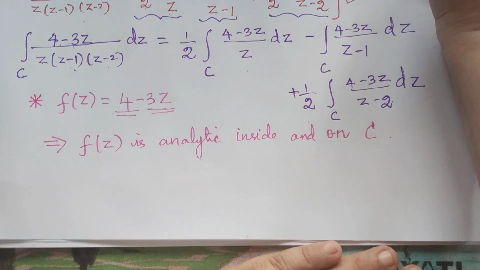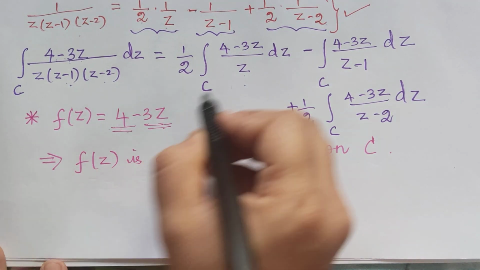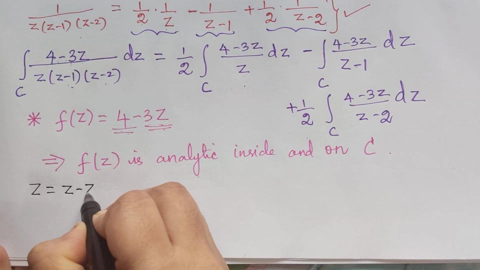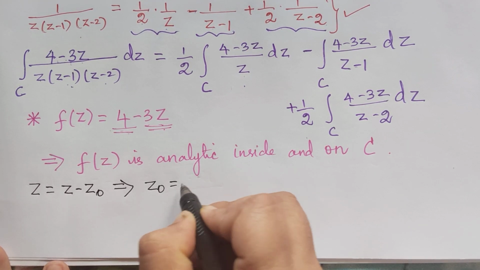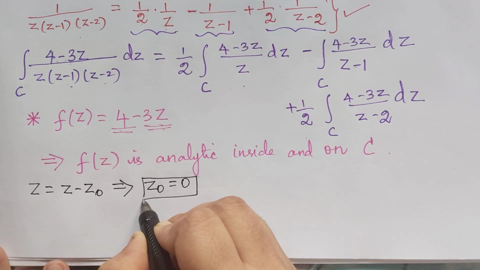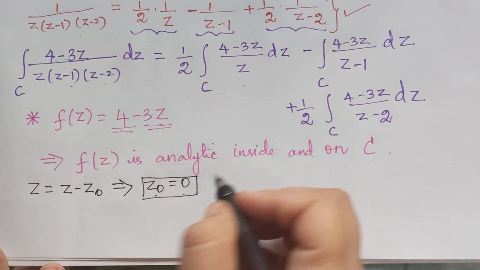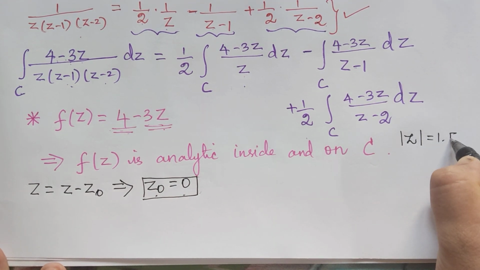So in the first integral, we have z minus z naught, where z naught is 0. So from this we get z naught equal to 0. Now we should check whether z naught lies inside or outside the circle. We know that the circle is modulus of z equal to 1.5.